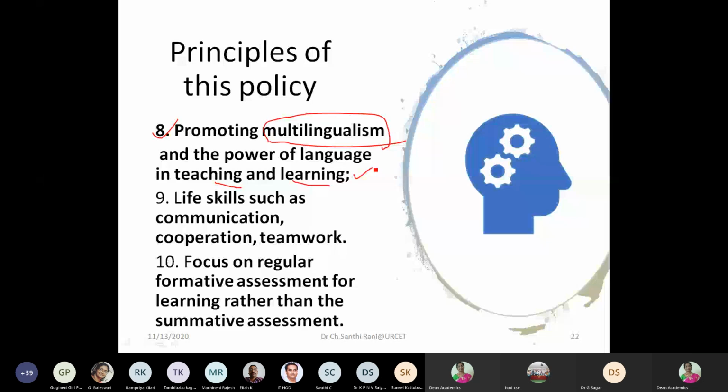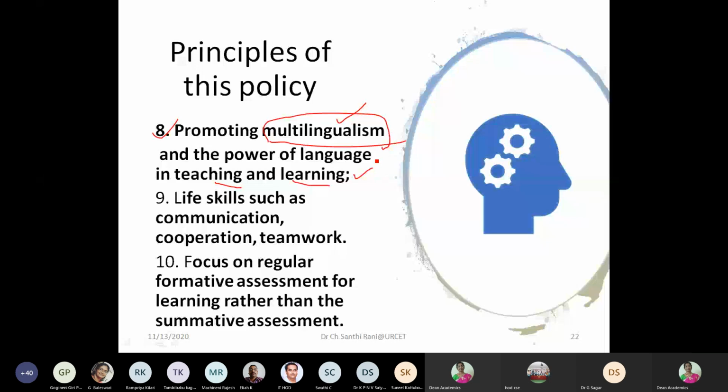Why? Because according to this NEP, we are going to eliminate the socio-economic barriers. So everybody, every nook and corner of our country, should be able to go for higher education. And they have to study various multidisciplinary subjects and get various degrees. So therefore, the main principle of this NEP is promoting multilingualism.